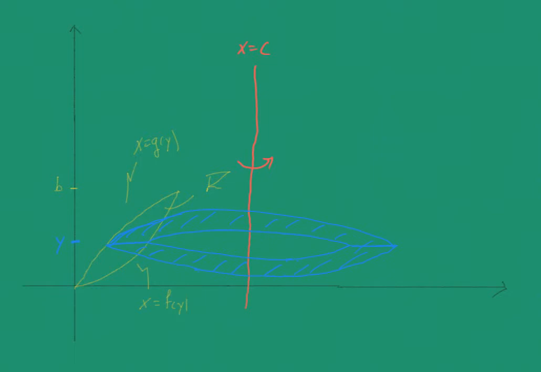So let's write that down. You can write this down if you want. It says that when R is bounded by functions of y, as we had in this case, R was bounded by x equal to f of y and x equal to g of y, and R is rotated about a vertical line, x equal to c, for example, when c is 0, we'd be talking about rotating about the y-axis, you should use the method of slicing. Well, again, this isn't something that I would memorize.